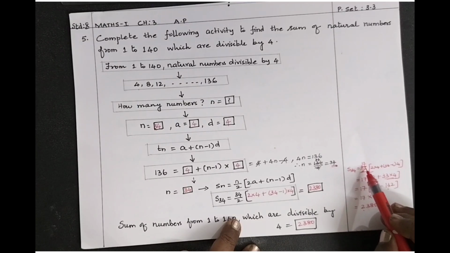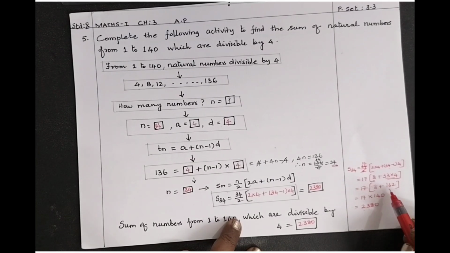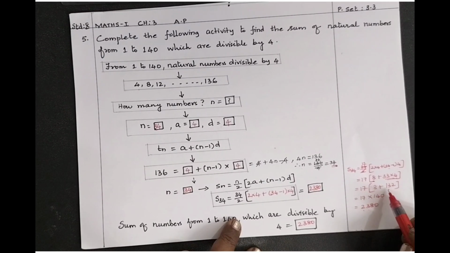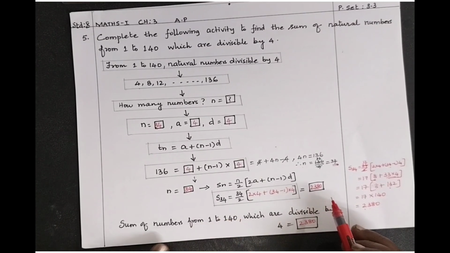Divide this by 2, you will get 17. Multiply this, you will get 8 plus 33 into 4. So multiply these two first. So that is 132. So 17 into 8 plus 132, which is 140. So 17 multiplied by 140, which is 2380. So this is the answer.